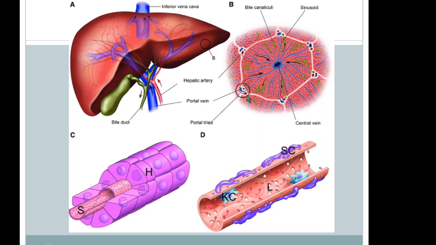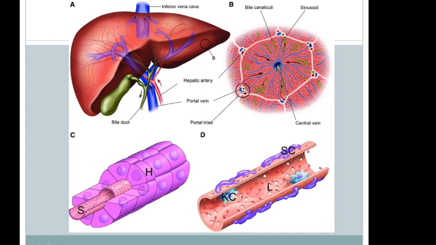This is the portal triad, which contains the hepatic artery, portal vein, and the branches of the biliary duct. Blue is the vein, red is the artery, and green is the tributary of the biliary duct. So these are the contents of the portal triad.